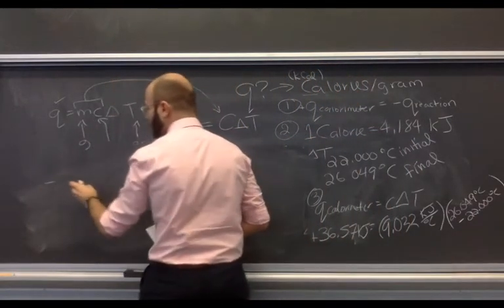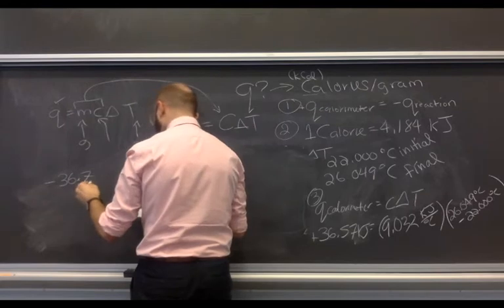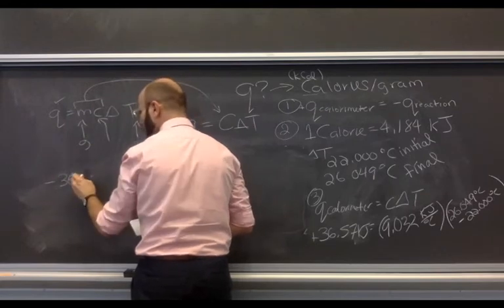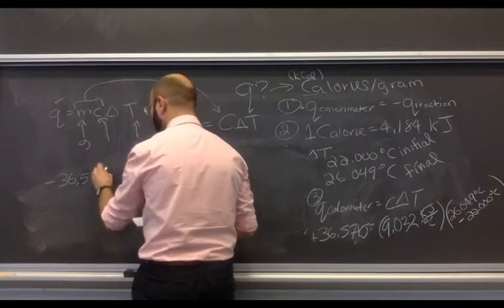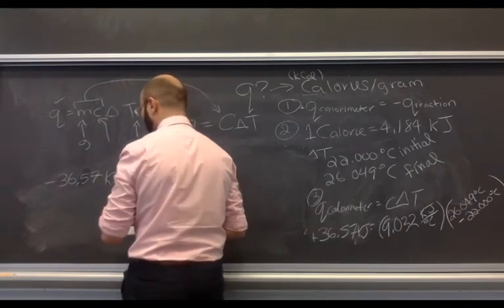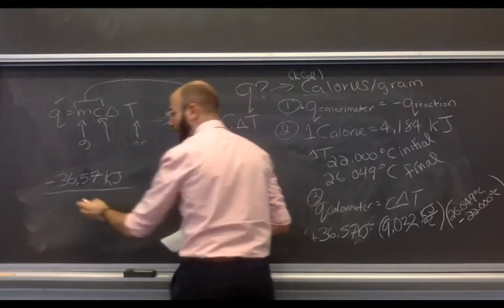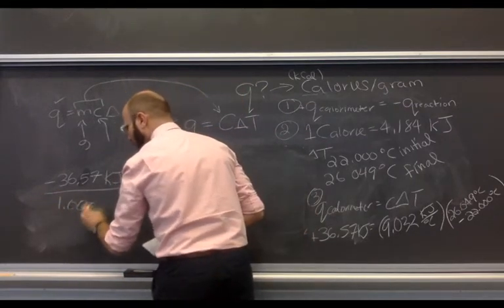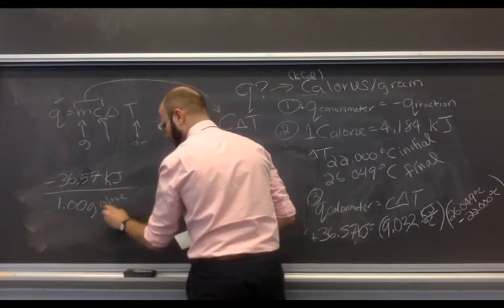So no surprise, I'm going to start with that calculated value. In this case, 36.57 kilojoules. Right? That's going to be from the reaction. And we can start off by just dividing it by 1 gram of that olive oil. Right?